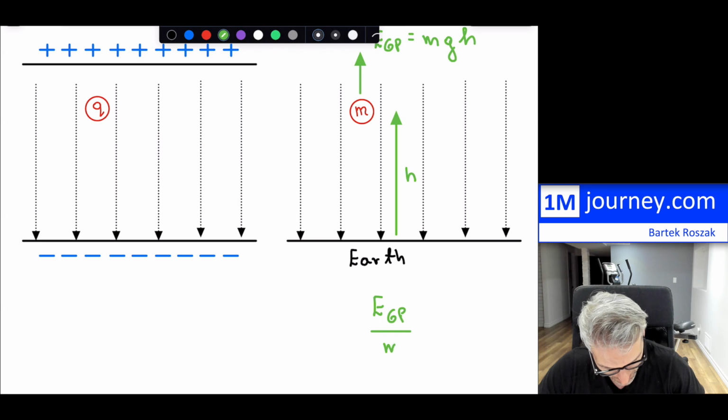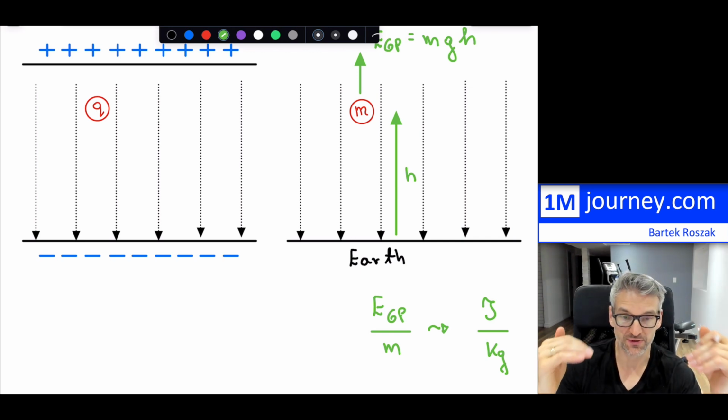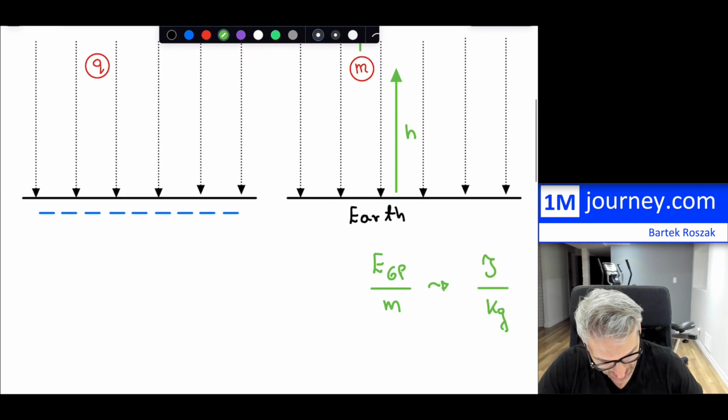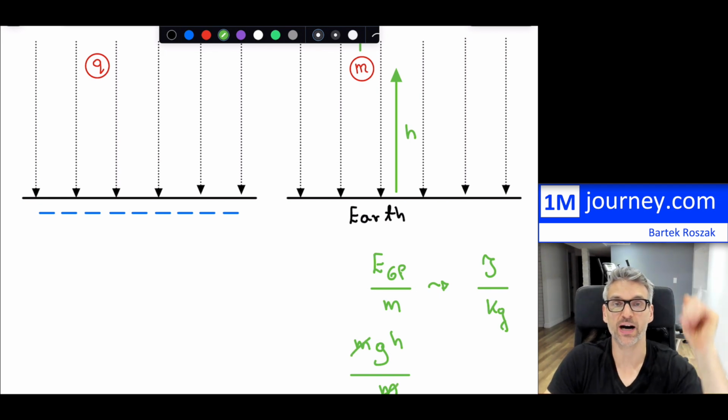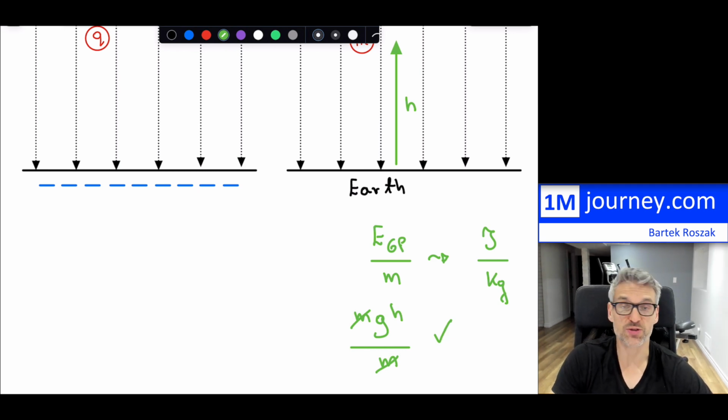So if we divided this by this particular mass m, then what we would get is within here we would have a certain amount of energy, so let's say it would be in joules, and then we would have it per kilogram if it was for a unit mass, and let's say if it was in metric standard units. So if we divided it by mass, then what we would see is that our equation, mass times gravity times height, would only be dependent on gravity and then the actual height or distance that it is located at. So this right here should be very understandable to you. All right, so I have a certain amount of energy per unit of mass.